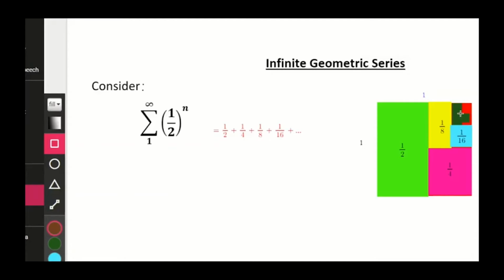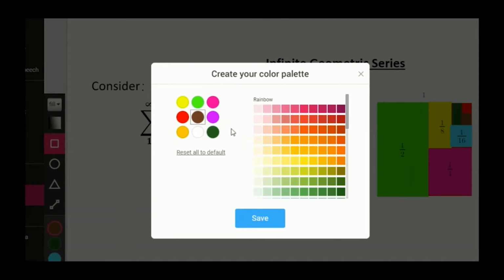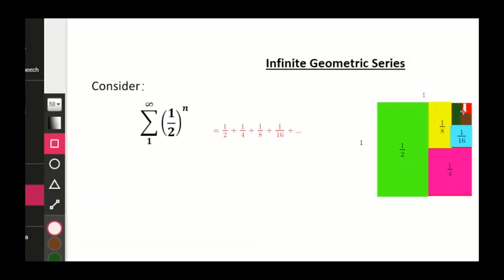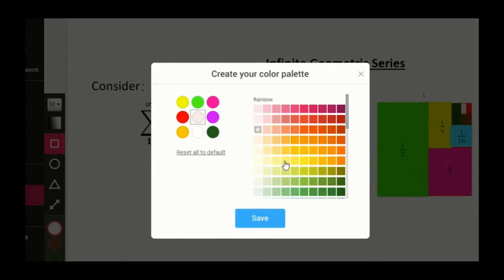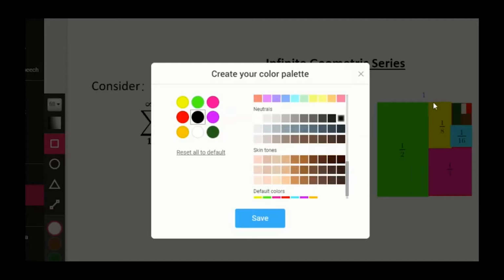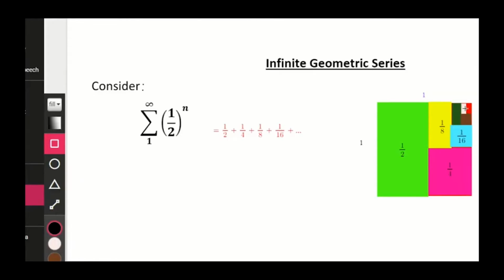So right here is 1/32, and basically you could just keep this going forever until you finally fill it up. Basically continue this pattern of 1/2 plus 1/4 plus 1/8 plus 1/16, and you could just keep going further and further in, and then eventually you will have filled up the entire square.